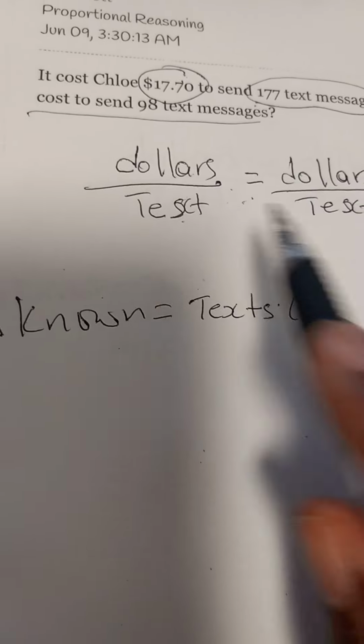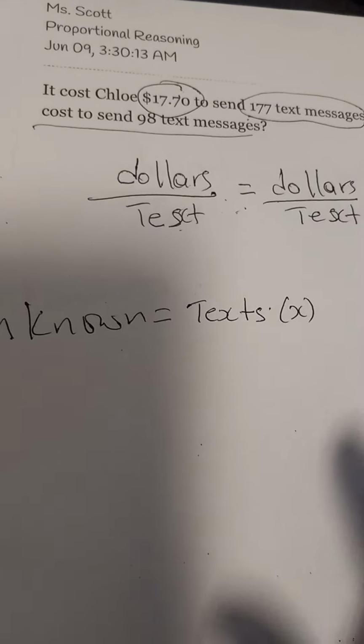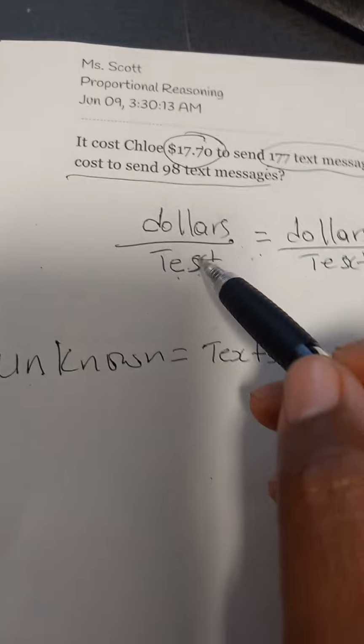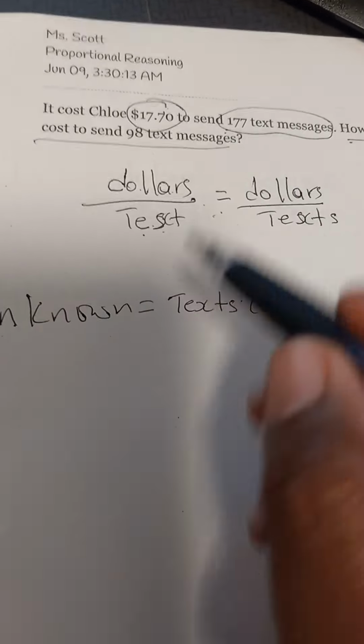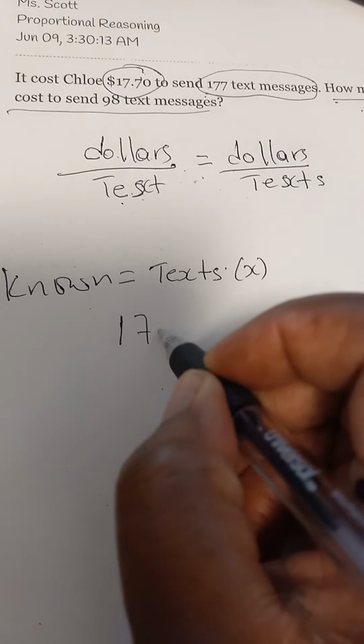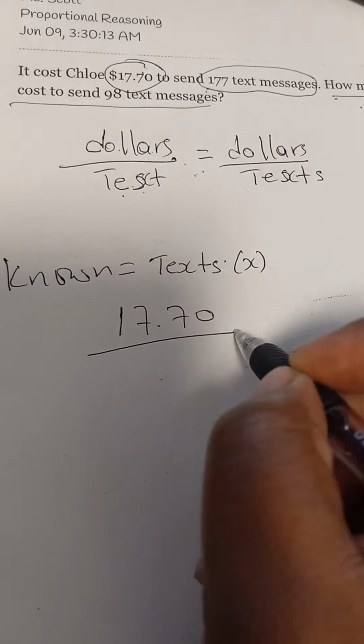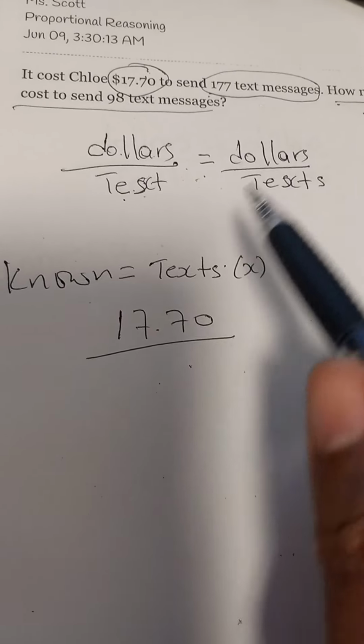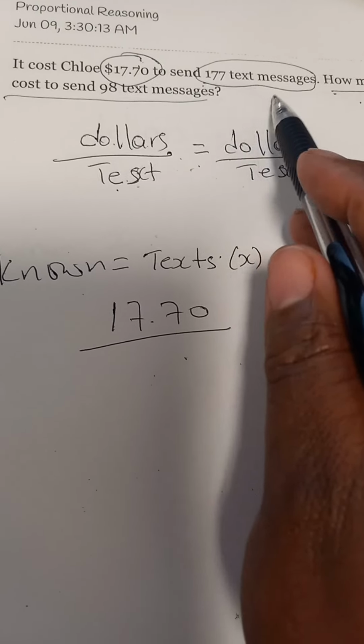So let's fill this out. What is the dollar amount? The dollar amount is $17.70. So we're going to write a proportion. Dollars go in the numerator, so it's $17.70, and in the denominator is the text amount, which was 177.